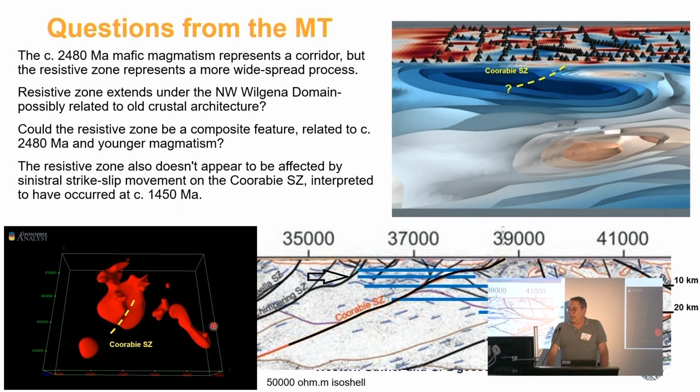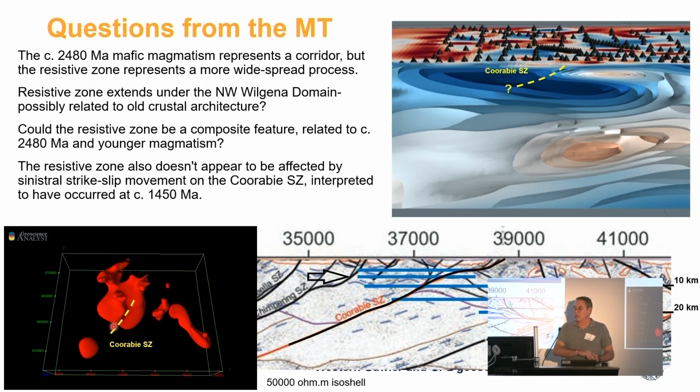And the other thing I found quite intriguing is the Kurubi has up to about 80 kilometres of strike movement. But when you look at this, the 50,000 ohm isoshell, there's no real offset. This is showing where the Kurubi trace is. You don't actually see offset, and I found that quite intriguing.